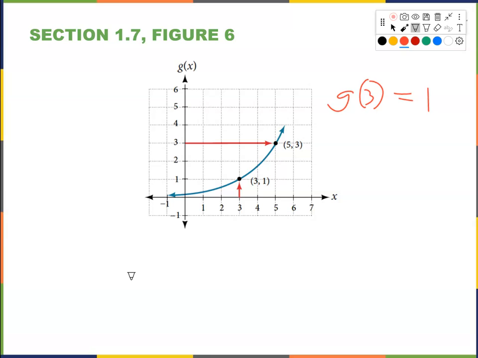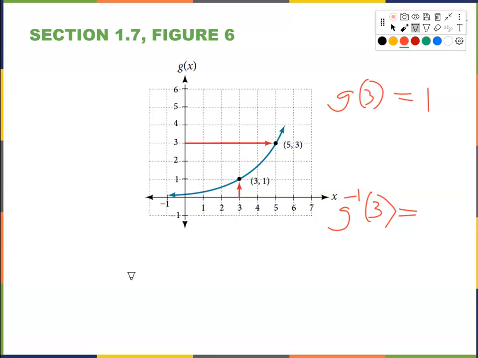Now, how do you get g inverse of 3? Remember, at the beginning, you have the input 3 and your output is 1.